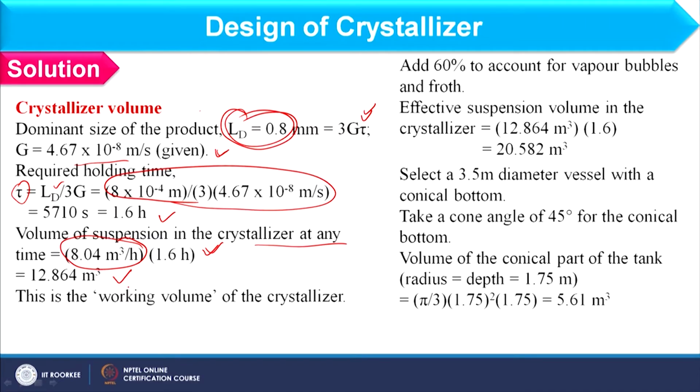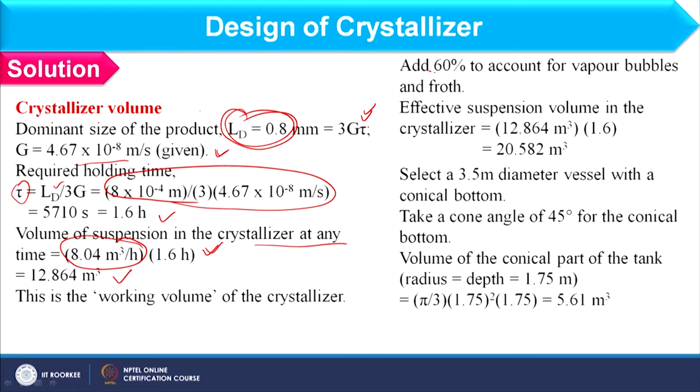In that case you should also include the volume where vapor is formed, and that volume should be more than the volume we consider as the working volume. Usually the volume of space in the crystallizer where vapor is formed and froth is created is usually 60% of the total, right.